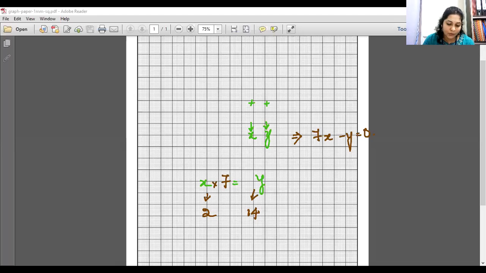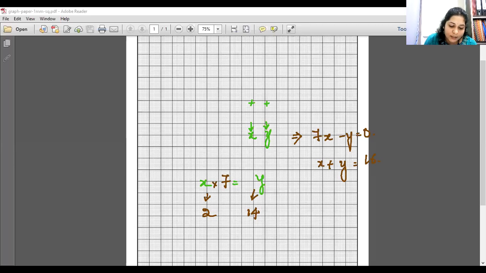Yes, one more equation, I'm waiting for your answers. x plus y is equal to 16. Very good. Because if you substitute 2 plus 14, you get 16, so you have one more equation.